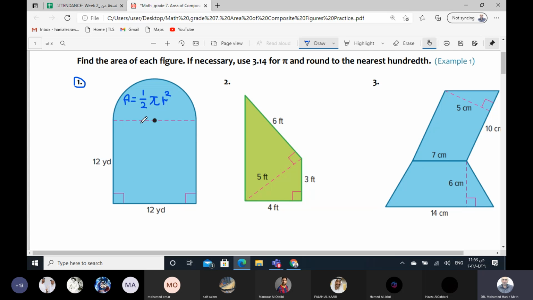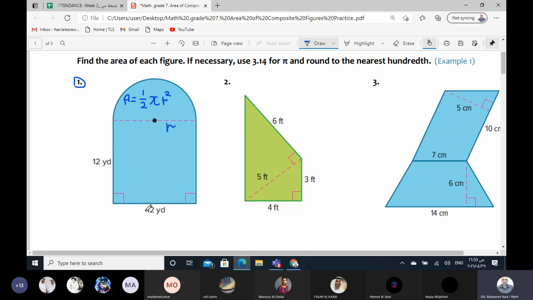As you see here, we have the diameter 12. The radius is the distance from the center of the circle to a point on the circumference of the circle. This is the radius. So the radius equals half of the diameter.